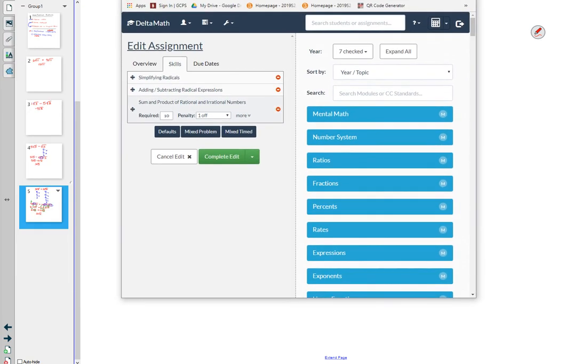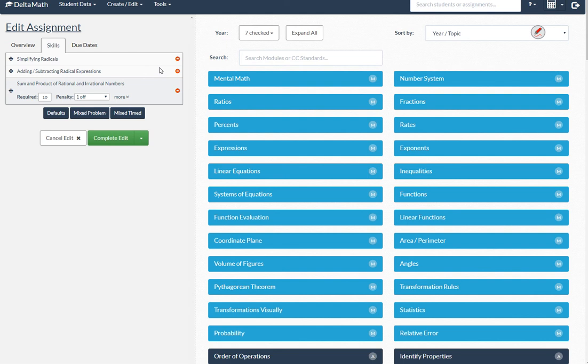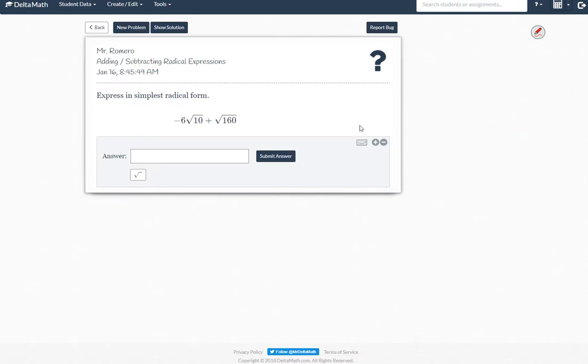You only have 3 skills that we're working on. I already did some from simplifying radicals the other day, so let's work on some of the other 2. So that even if you did poorly last week, because of course the assignment was way too long, this week it's going to be worth the same, so you can improve your grade.